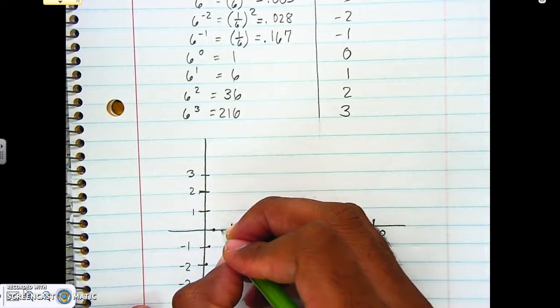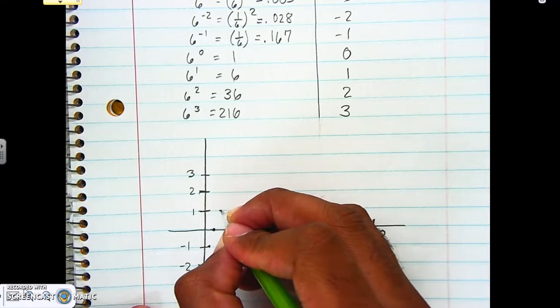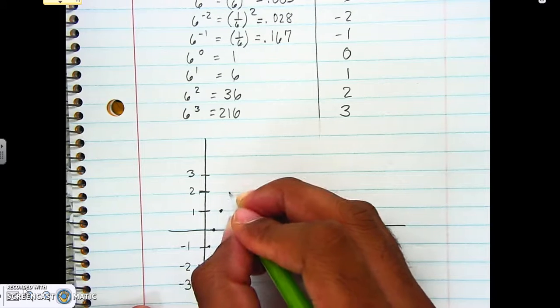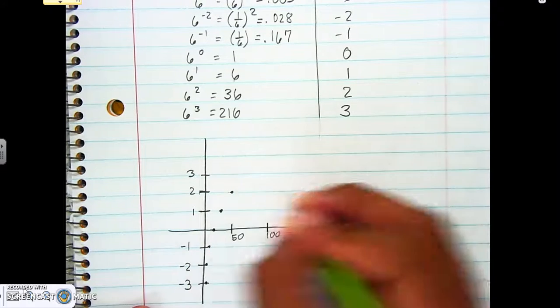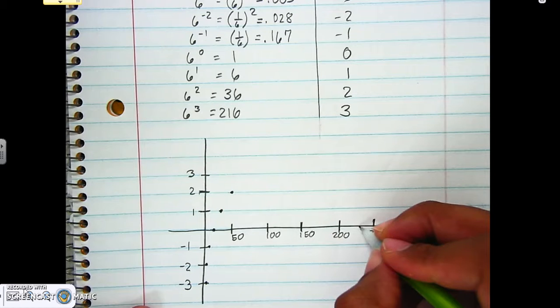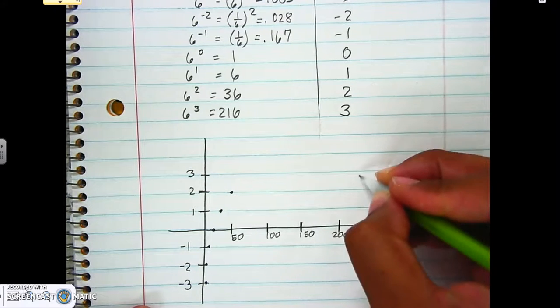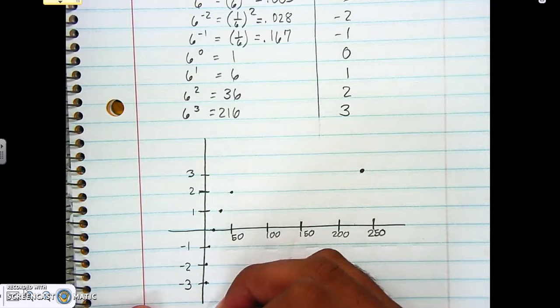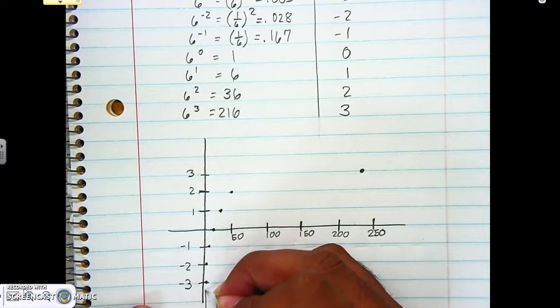For 6, we're at +1, so moving over a little bit again, moving up to 1. 36 is at 2, so closer to 50. And then 216 is way down here, and we're going to move that all the way up to number 3. So we're plotting those points there, and then we're going to connect them.